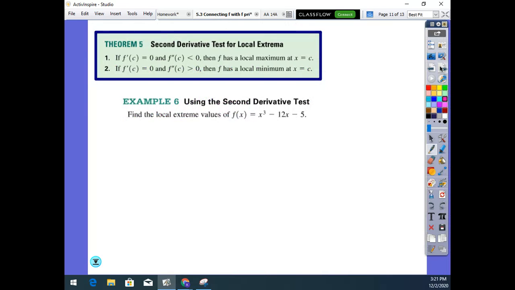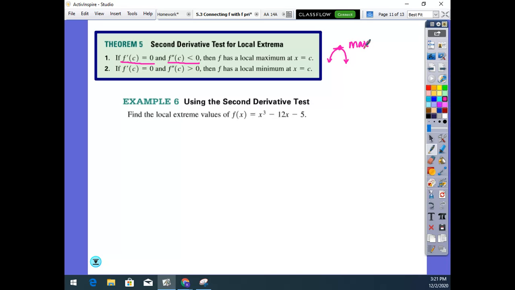Okay, we're getting close. The second derivative test is handy for specific values. So go ahead and pause the video to write down the second derivative test. And let's think about what this is saying. If the derivative is 0, which means there's a 0 slope, and the second derivative is negative, less than 0, that means concave down. 0 slope and concave down, doesn't it make sense?